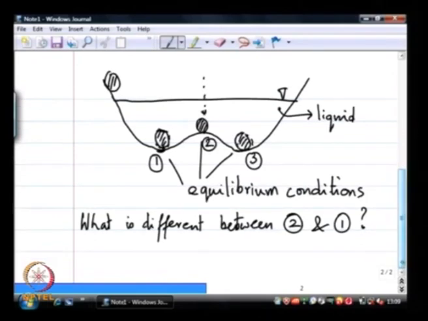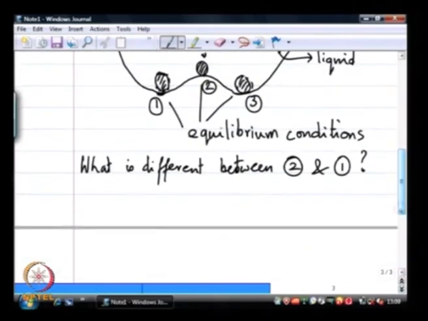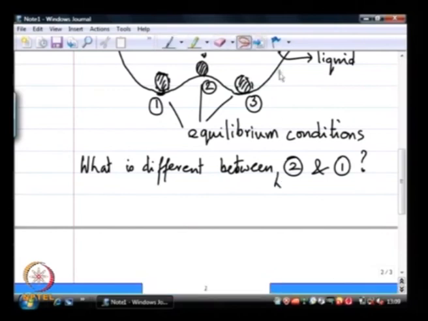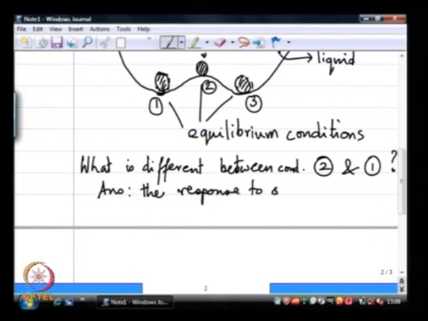So, what is different between 2 and 1 as far as between conditions 2 and 1? Okay. So, the difference, the answer, is in the response to small perturbations.